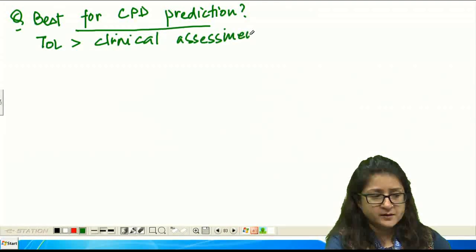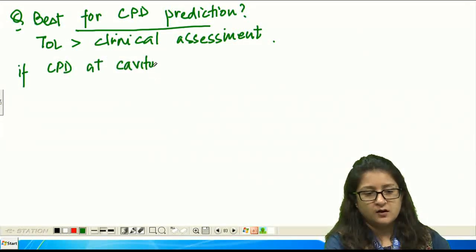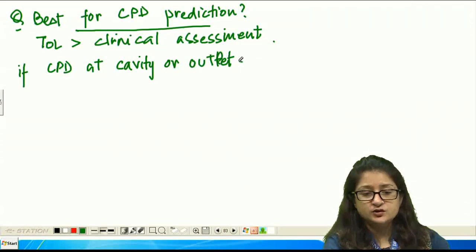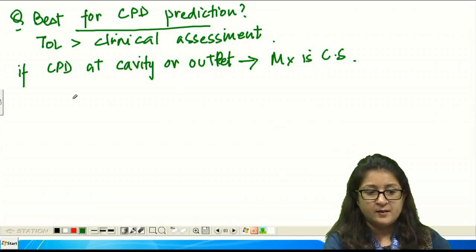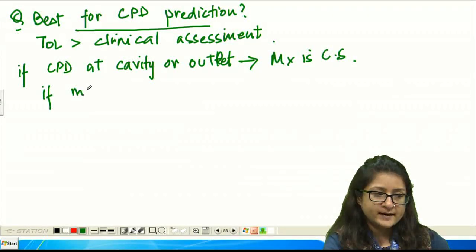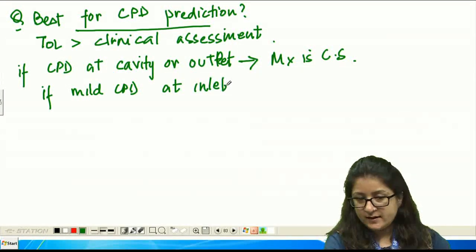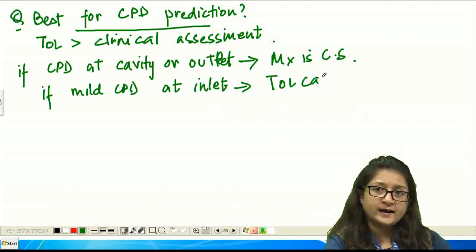A very important point is that if there is CPD at the cavity or outlet, then there is no trial of labor, and the management is cesarean section. But if there is mild CPD at the level of inlet, then trial of labor can be given.